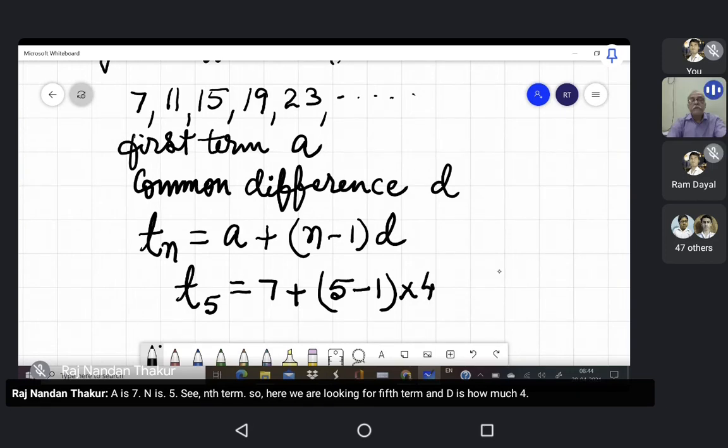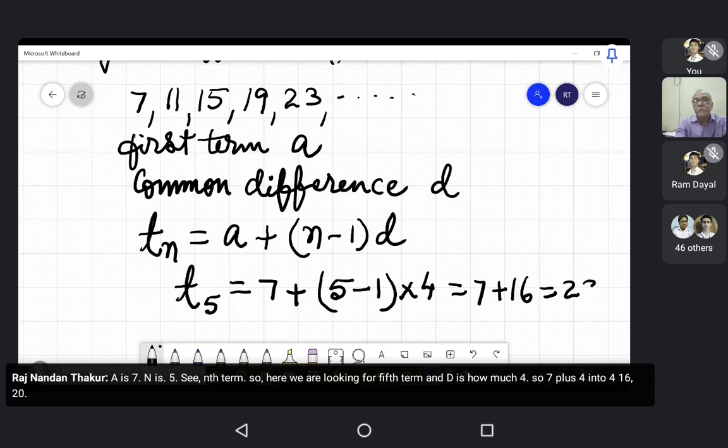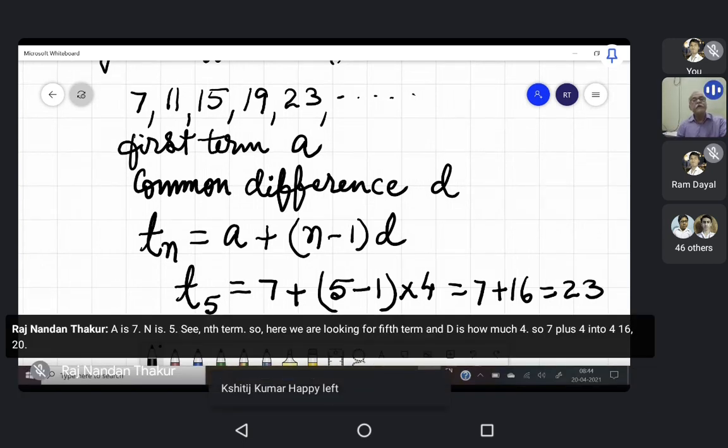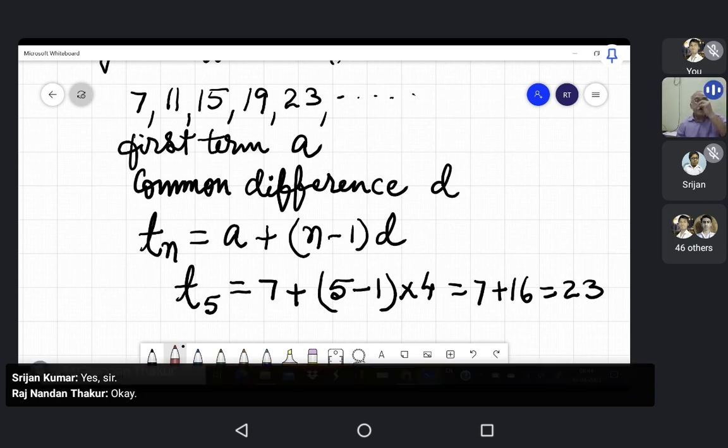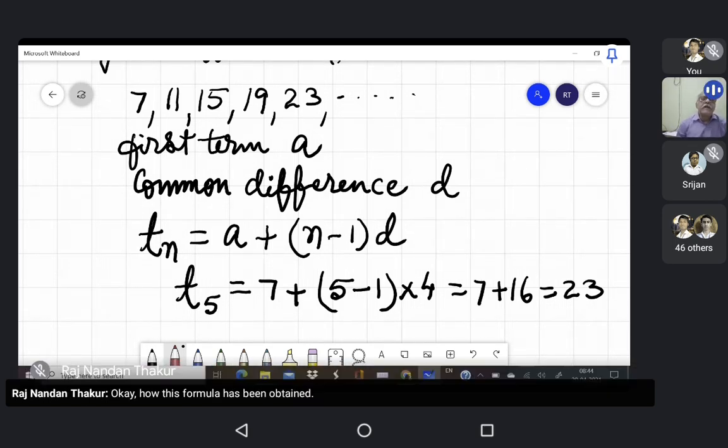So 7 plus 4 into 4, 16, 23. Is the fifth term 23? You count and check. Yes, sir. Okay. How this formula has been obtained, we don't need to derive the formula.